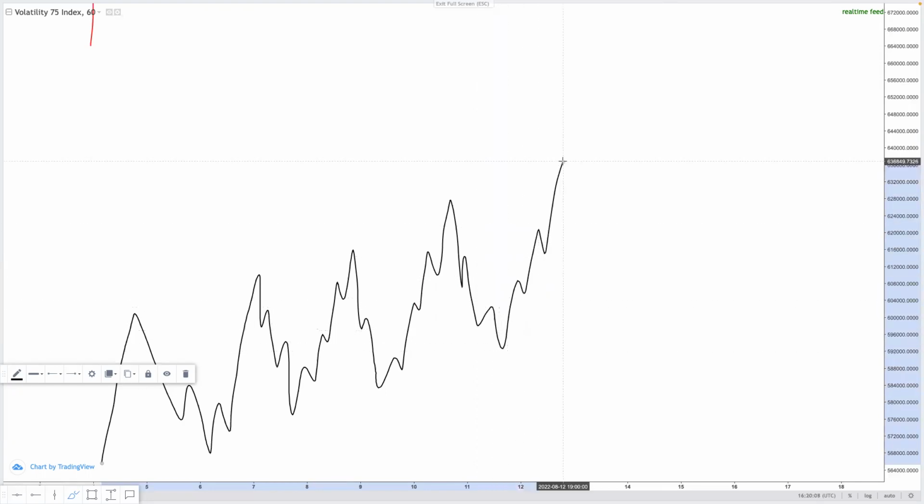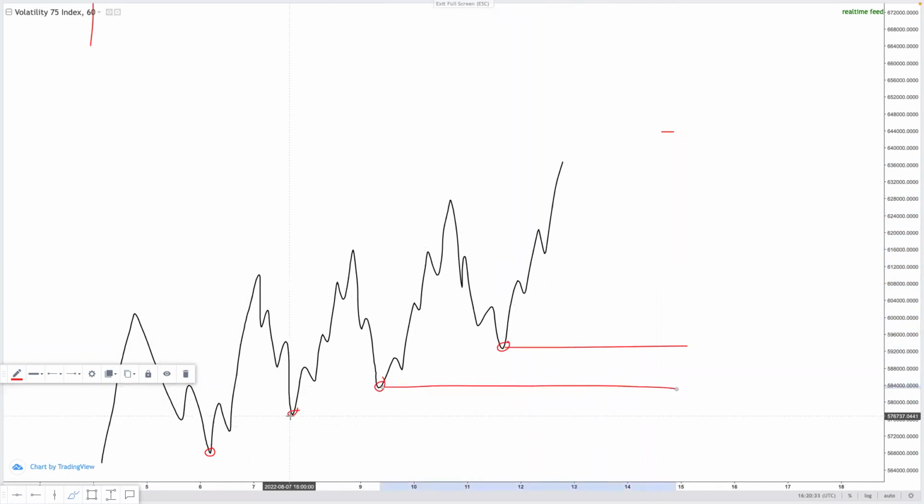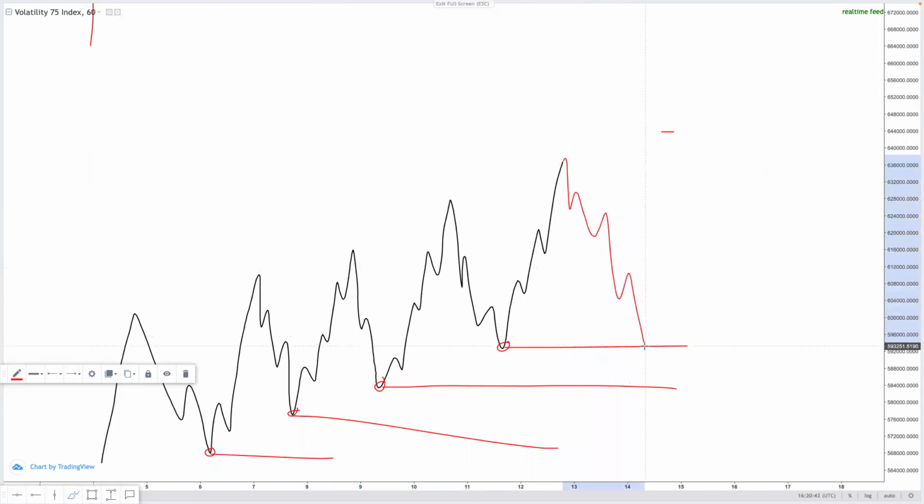If we start marking our structure retest, we would say that this is our structure retest right here. This is our structure retest. This is our structure retest. Also, this is our structure retest right here. So I'll be expecting price to come and respect any of these structures. Price may make some lows, respect maybe this structure retest right here to create more highs. So this will be our entry point.